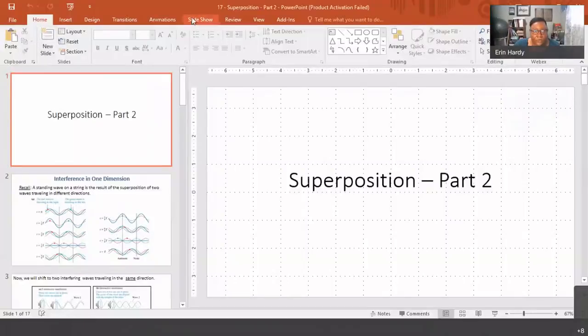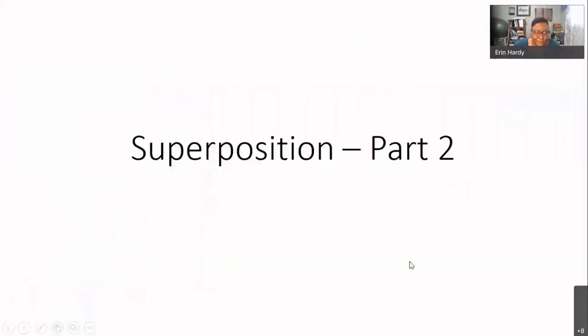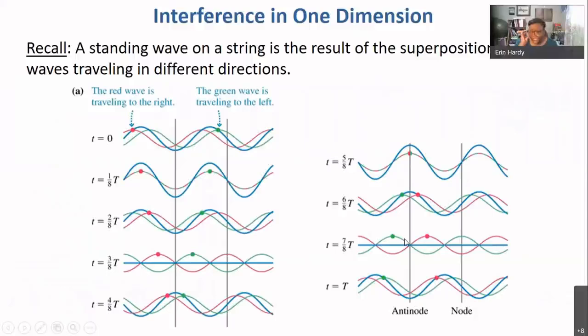Okay, so superposition part 2. Just to recap here, we spent some time walking through all of the possible ways that a wave that is propagating down a string, and as such is being forced to interact with itself, could behave.